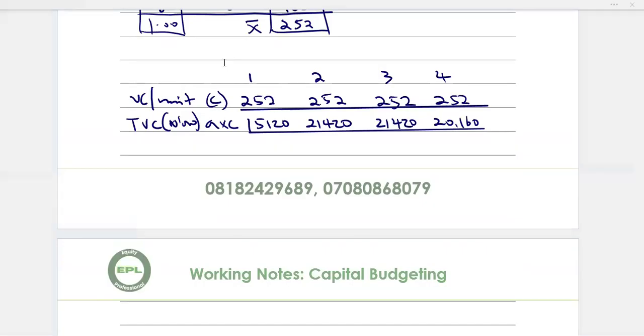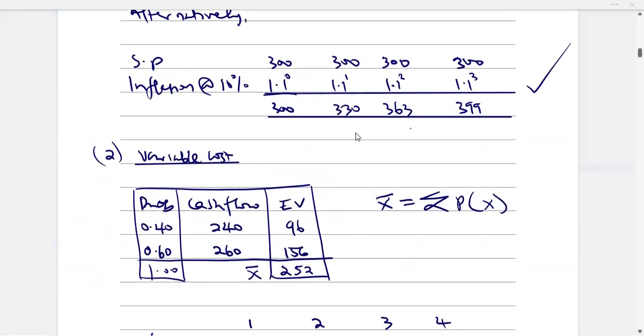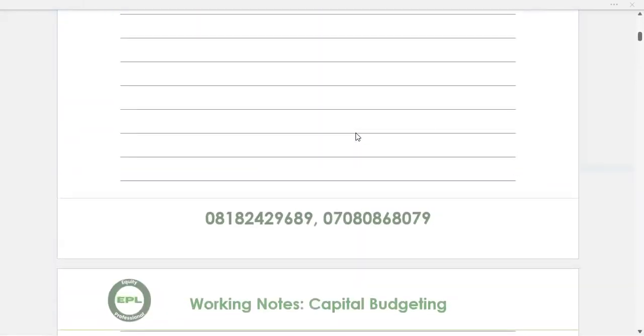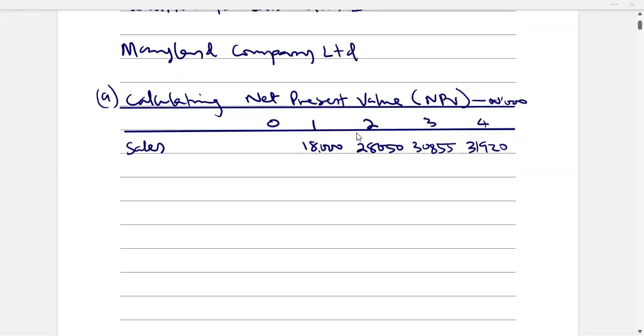So let's go and post 15,120 for the first year variable cost. Working 1. Here is 15,120.